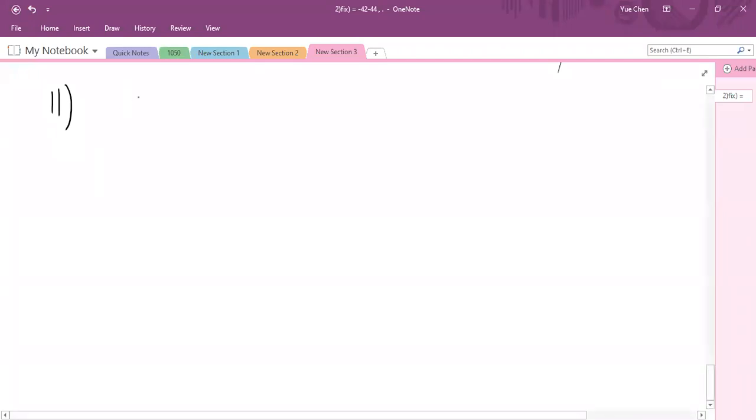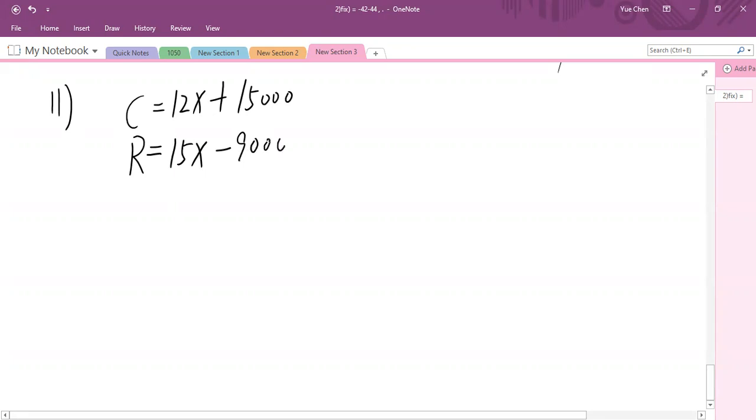The cost function C is given by 12x plus 15,000, and the revenue is 15x minus 9,000. It asks you to find the number of units in order to break even.